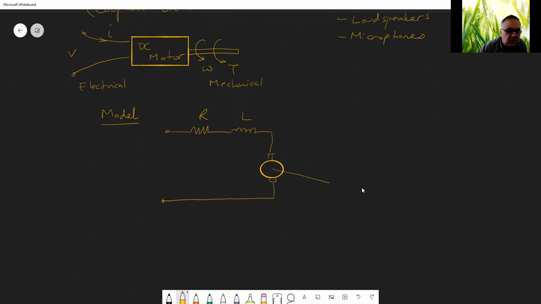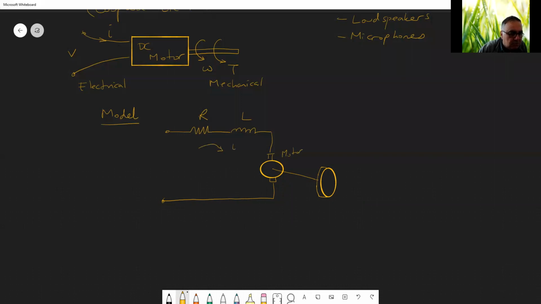This shaft usually does not rotate by itself. It is usually connected to some kind of inertia. The motor itself might have an inertia, but it usually works like this. So this is the motor.